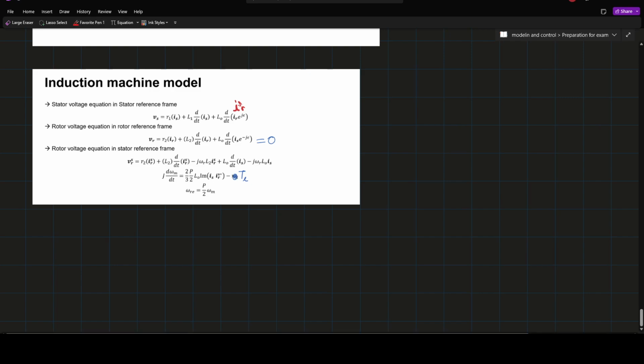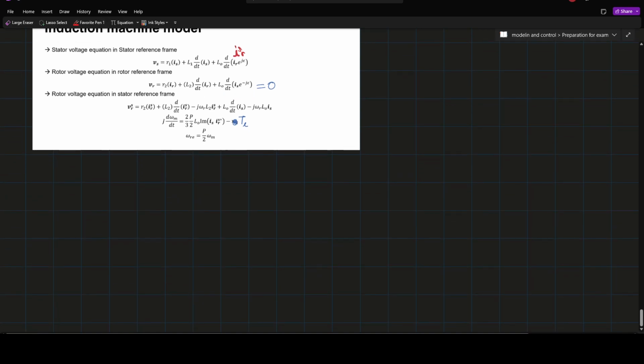Okay, so first, to do the model, we are gonna have to figure out what these derivatives are equal to. We can move all of the derivatives to one side and all the other expressions to the other.